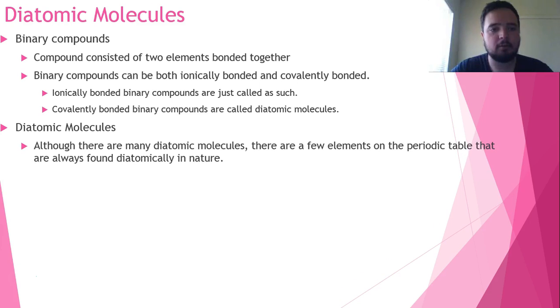So diatomic molecules, although there's many diatomic molecules that we can form, there are a few elements on the periodic table that will be found diatomically in nature, which means when we go to grab this stuff in nature, they're always in diatomic form. This is very important because of the calculations that we'll do in stoichiometry in the next unit.